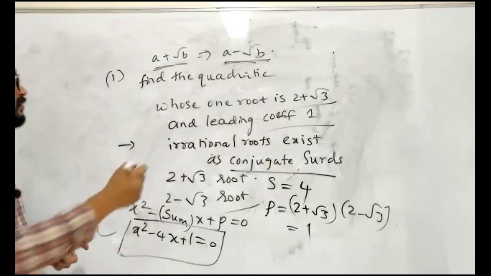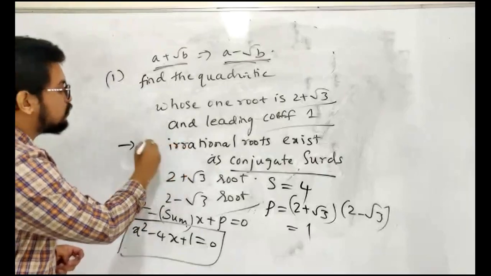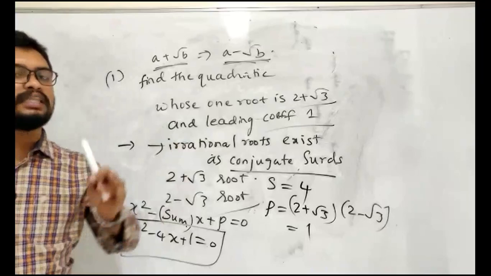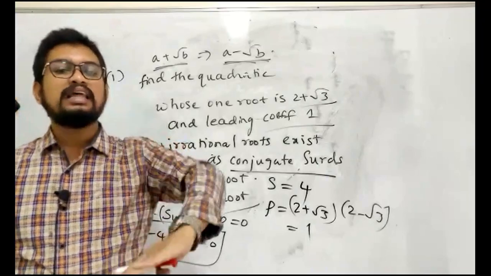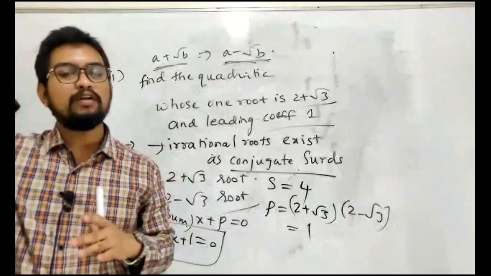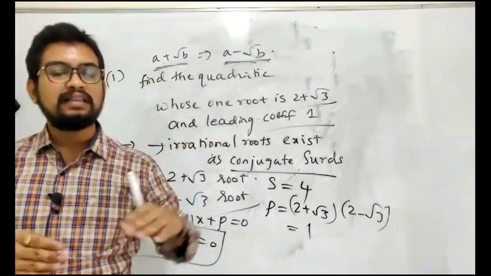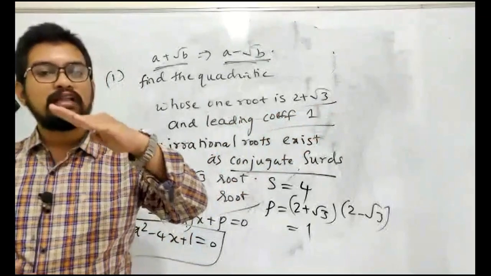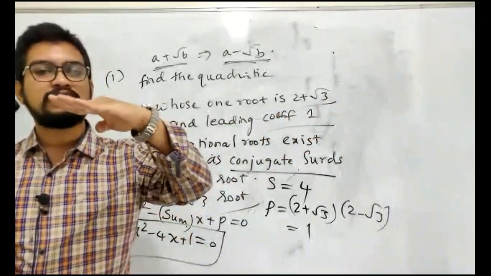So the concept is this: irrational roots exist as conjugate surds. First, let's start from basics and cover every model, and then we'll go to a higher level. If that is done in order, then only your subject will be so stable.